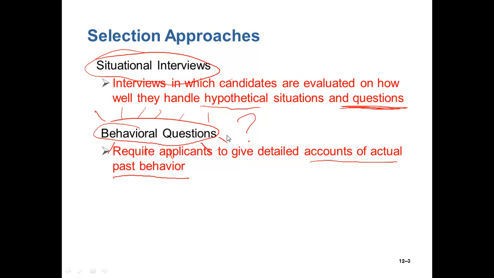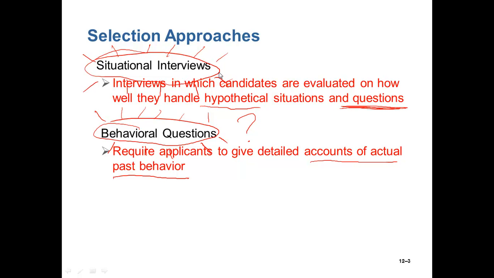There's something about behavioral questions, asking people about their past behavior, that they tend to be more honest about. It's hard to lie about past behavior. With situational interviews, you maybe get honest answers, but people interject their best selves. Like with the conflict one, you could get a lot of different answers, but they might say, well, I stepped in, I asked both sides what was going on, I suggested some solutions, I helped calm heads prevail, and we went along with our lives.